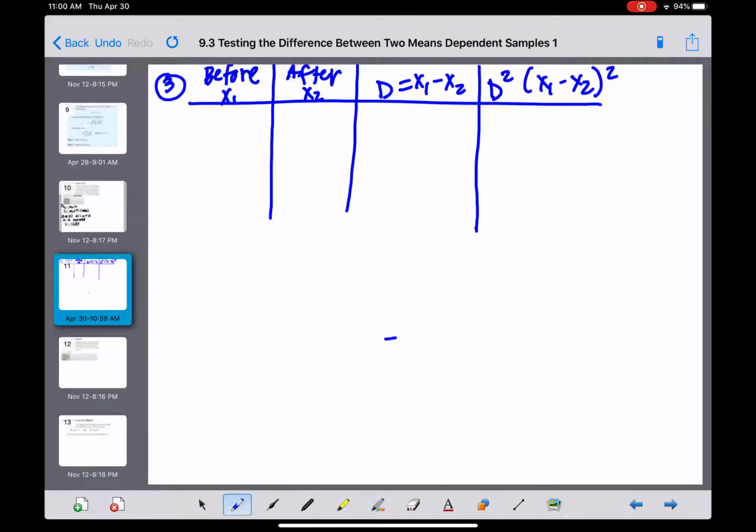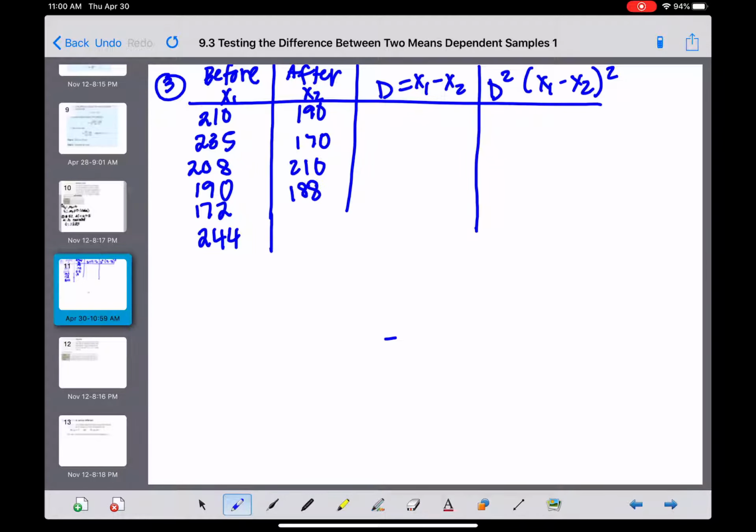So we were given the table, so 210, 235, 208, 190, 172, and 244. The after, we get 190, 170, 210, 188, 173, and 228.